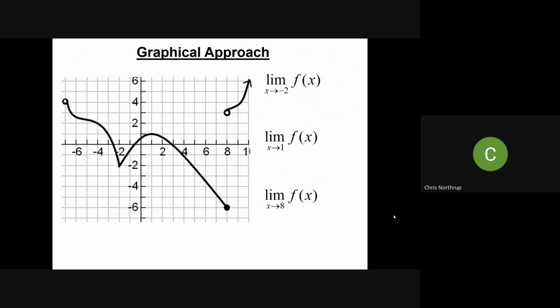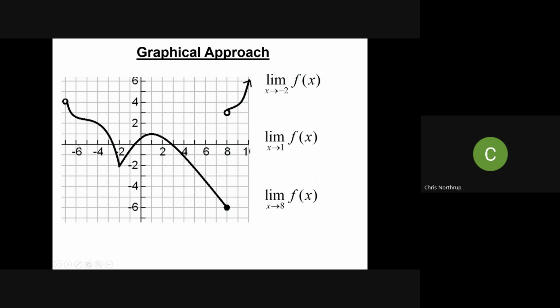So really quick, let's say I'm working some graphical limits here. I have a function, kind of a weird looking function, and I have three different limits I'm looking for. I don't know if my pointer is going to show up on the video there. It should though. As I'm coming from the left on my x-axis, I'm just moving along to -2. Looks like the y values of my function are starting at 4 and they're decreasing and going down.